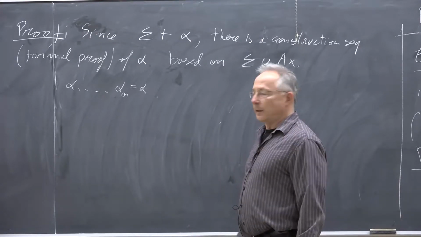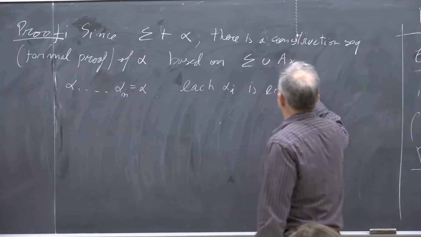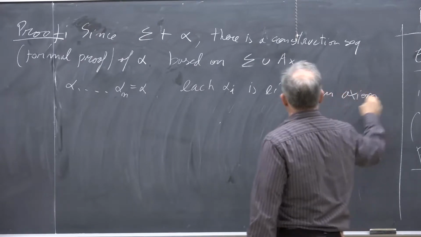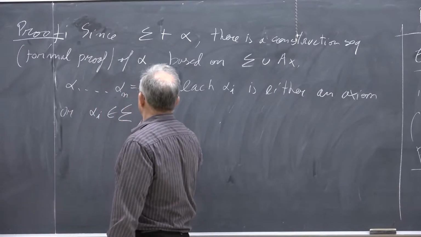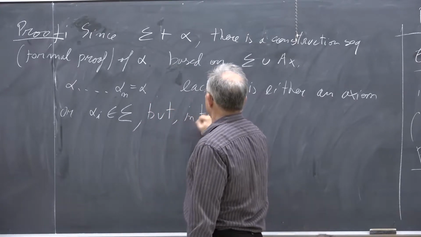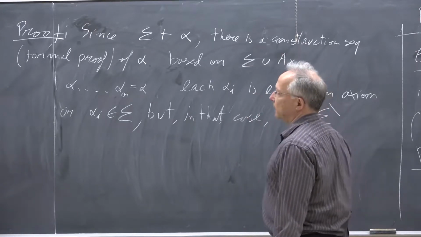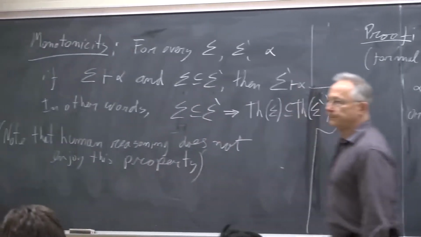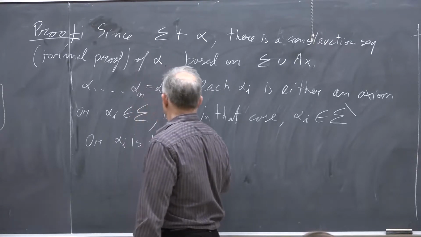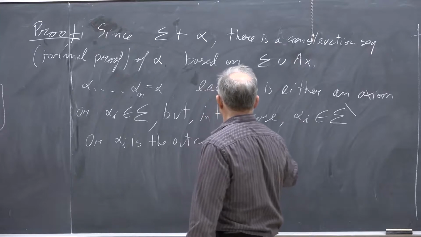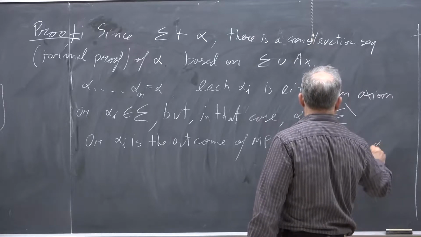But now, each alpha I is either an axiom, or alpha I is a member of sigma, but in that case, alpha I is also a member of sigma prime, because sigma prime is a superset of sigma, or alpha I is the outcome of MP on earlier alpha j, alpha k.